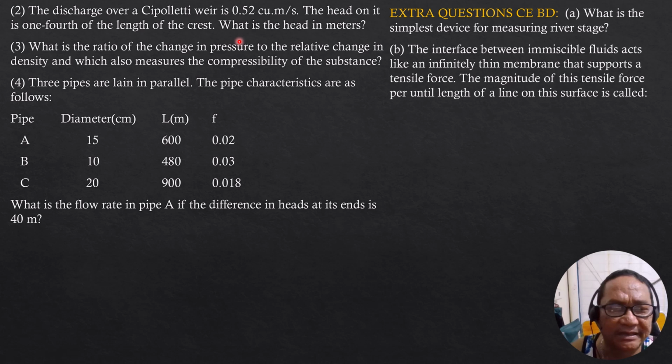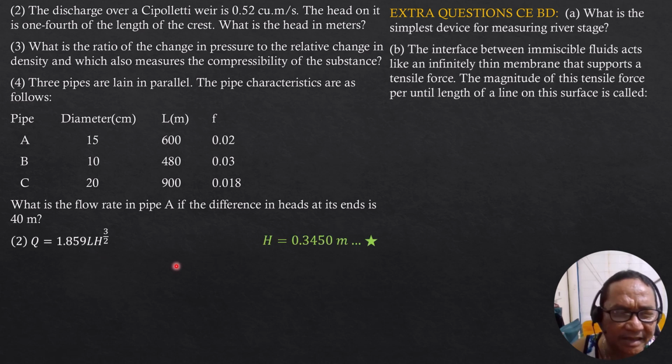to the 3 halves. And since the head is 1/4 of the length of the crest, the length of the crest in terms of the head is 4 times the head. So 0.52 equals 1.859 times 4h, then times h to the 3 halves.